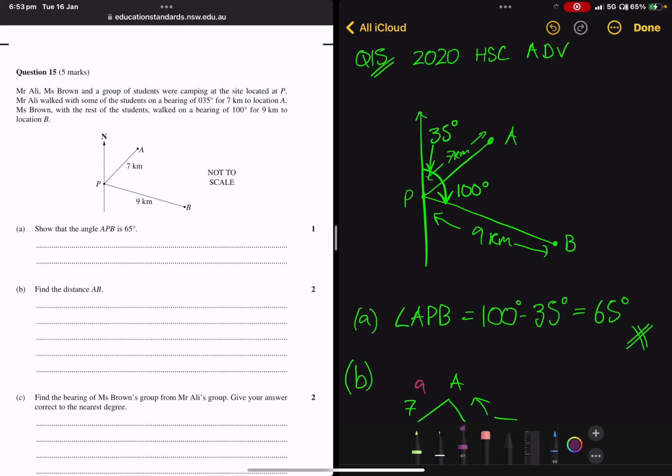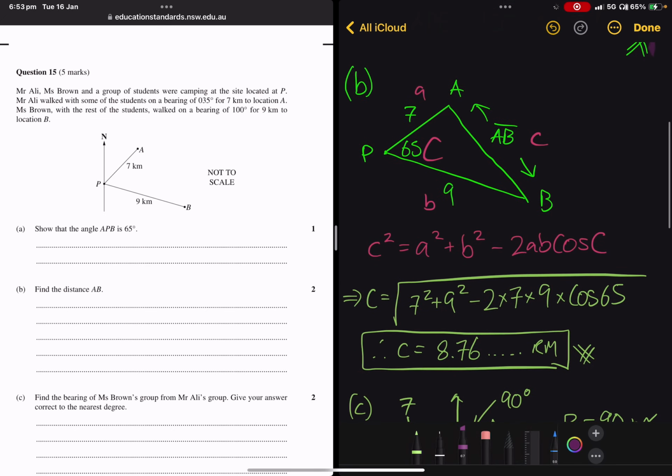So the marker guidelines here, for the first part, you really just need to get the 65. The correct solution gets you the 1 mark. And you should have some working for that. 100 minus 35 is going to be suitable. For part B, you can get 1 mark for attempting to use cosine rule to find the distance AB, but failing to do it correctly.